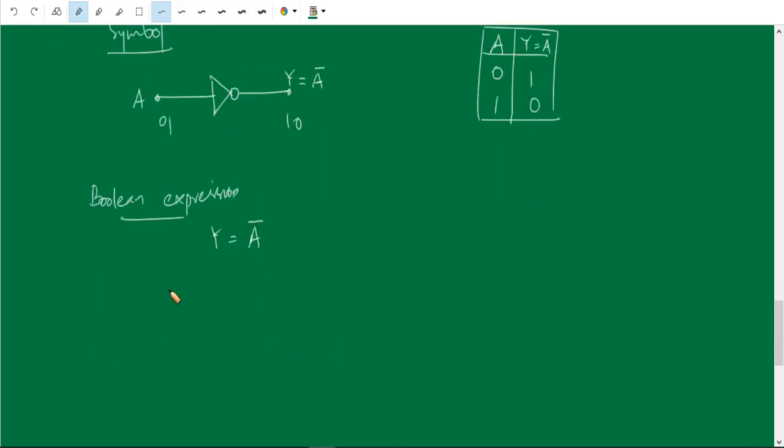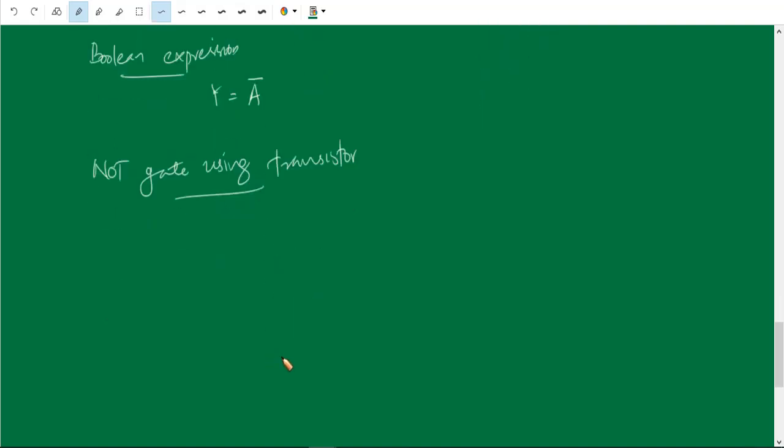Next is the circuit. A NOT gate using a transistor. So we are using a transistor to construct a NOT gate, a transistor in common emitter configuration. A transistor has emitter, base and collector.